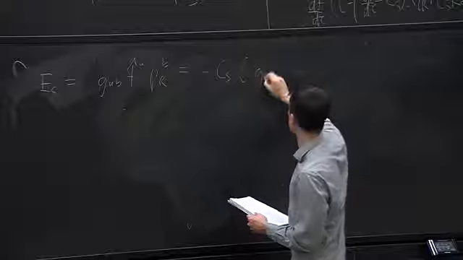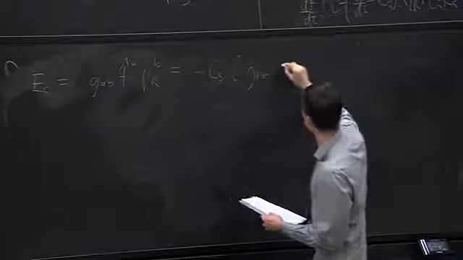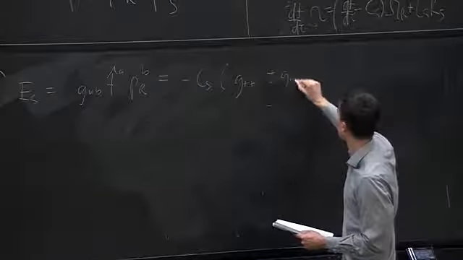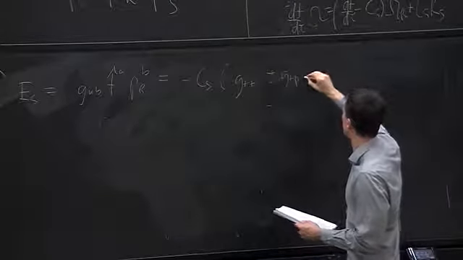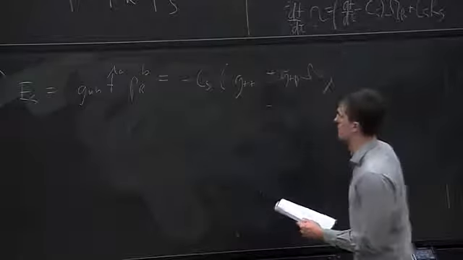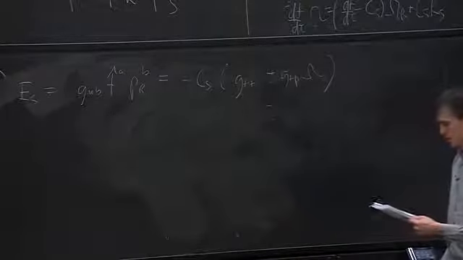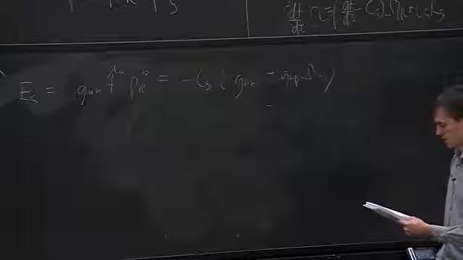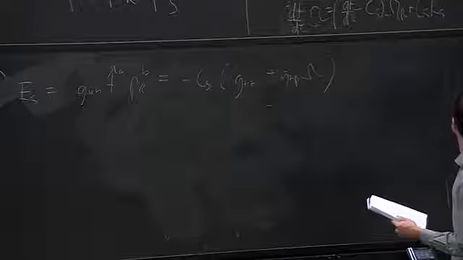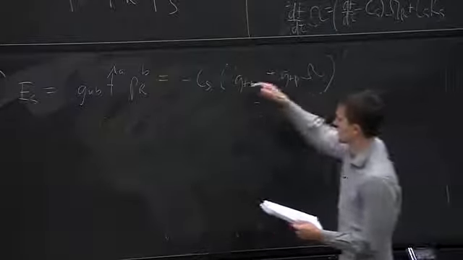So we just get a g_tt component times 1, and then a g_t-phi component times omega. And then using this expression for CS, we can eliminate that from this equation.